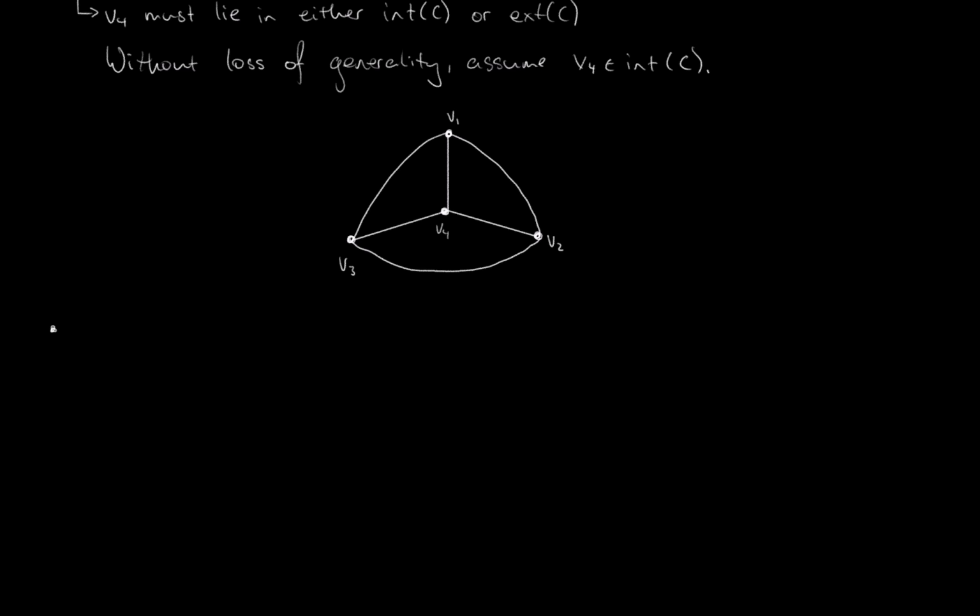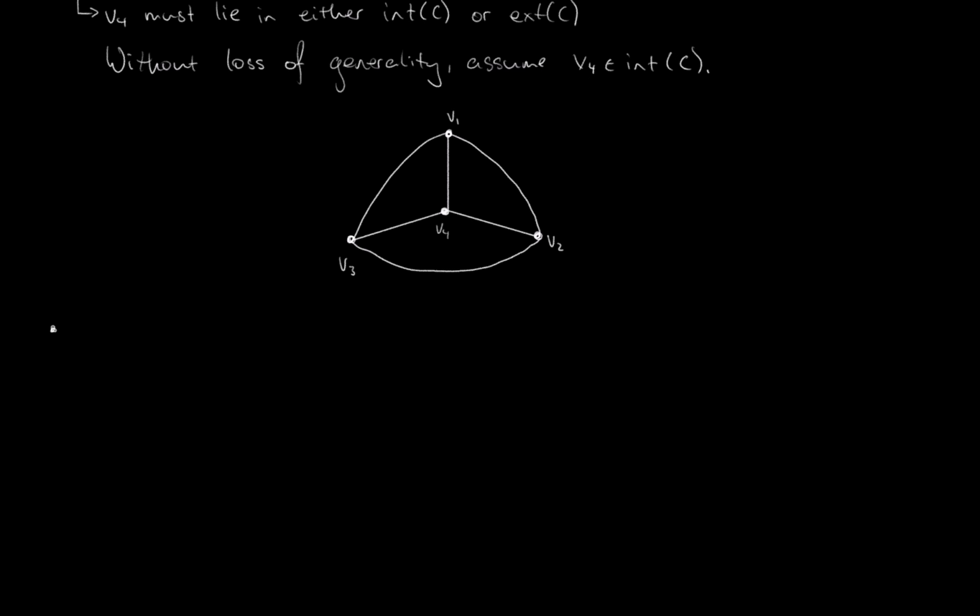I guess we could have drawn these edges in interesting ways, but I just made them straight and direct for the sake of a better illustration. Because we want to preserve the planarity of the graph G, those edges V1V4, V2V4, and V3V4 all lie entirely within the interior of C, as you can see in this diagram I've drawn.